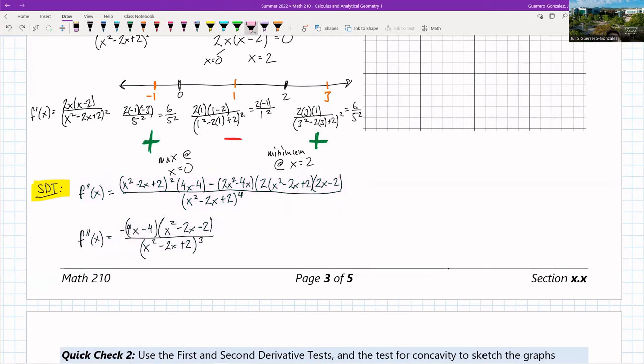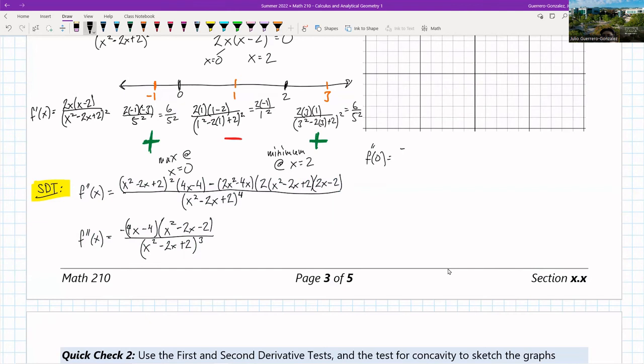So now, what I'm going to do is take the second derivative, right? And plug in my critical values. I know what the critical values are. It's 0 and 2. So f double prime of 0 goes into right here.